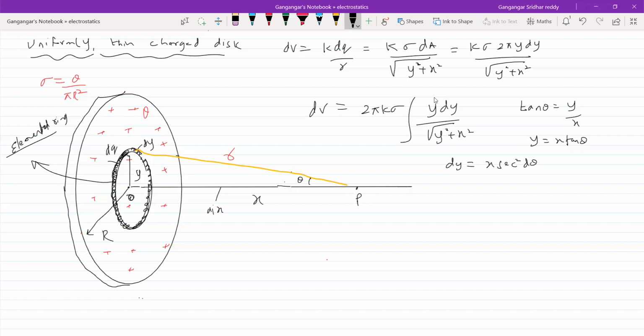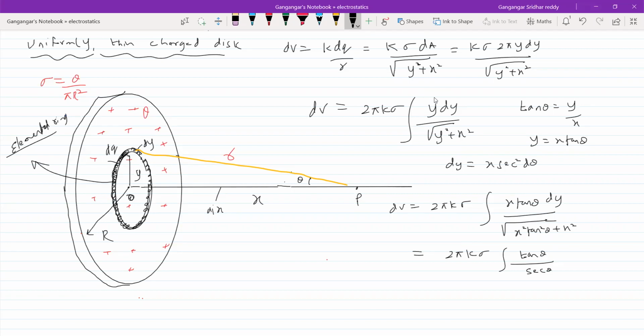So how to integrate? I'll go for substitution here. Substituting, dV equals 2 pi k sigma, y is x tan theta, dy, over root of x square tan square theta plus x square. X will get eliminated, keeping tan theta over root of 1 plus tan square theta, which is secant theta.